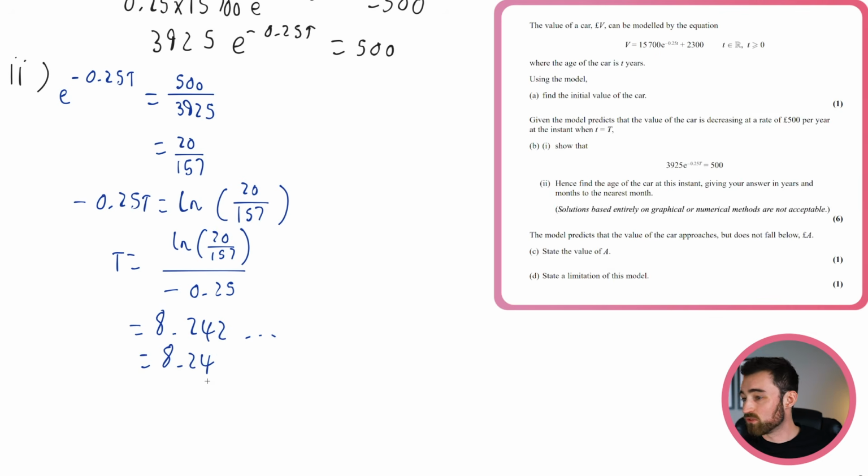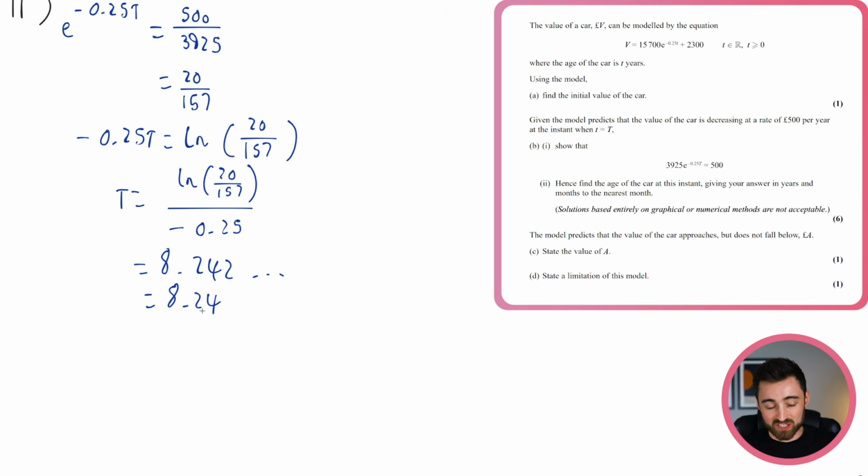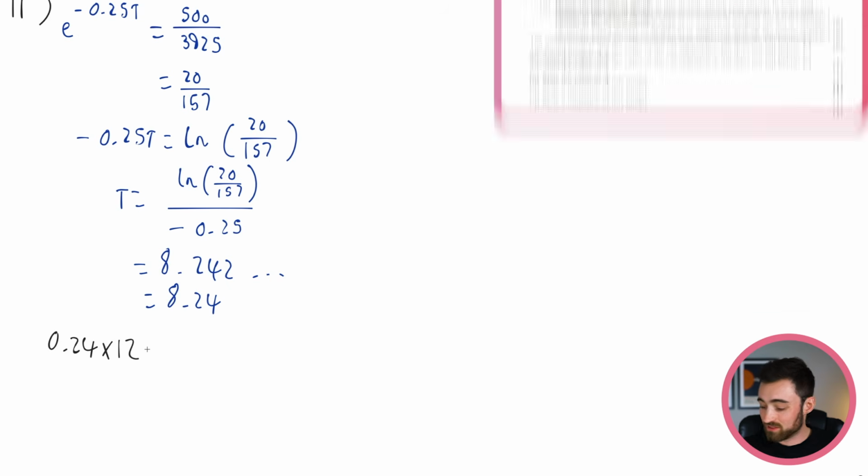We are asked for the year and the month. Okay, so 8 is clearly 8 years. Now, the months is going to be to do with this 0.24, isn't it? But it's not as simple as just saying 2nd month, because we need to think, well, there's 12 months in a year, right? So if I was to do 0.24 times 12, what would that get me?